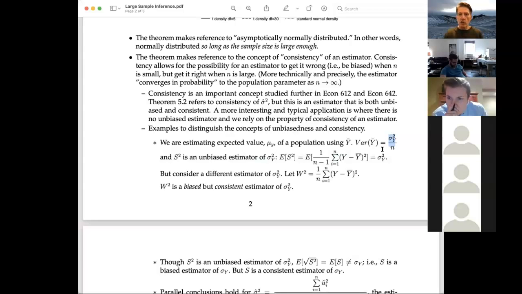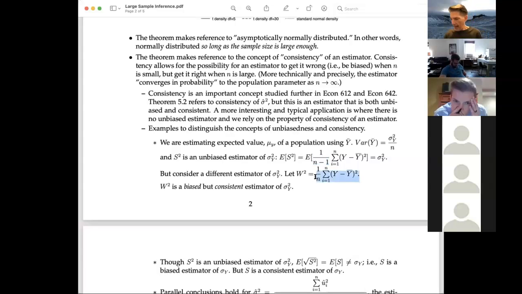Now, I just want you to think about a different estimator. Call it w squared instead of s squared. Notice the only difference between these two is that instead of dividing by n minus 1 like we do with s squared, I just divide by n.